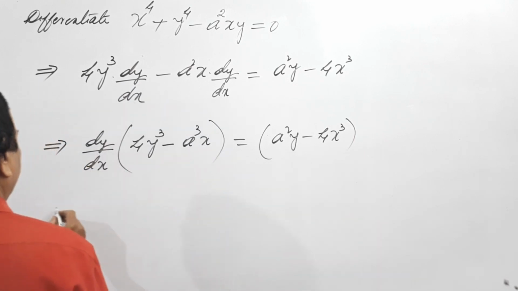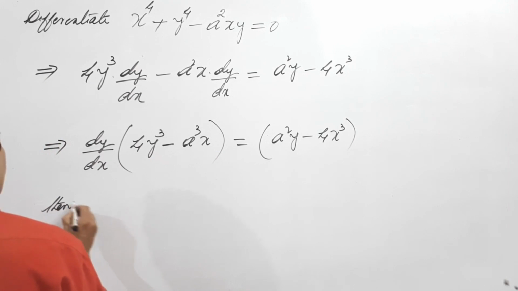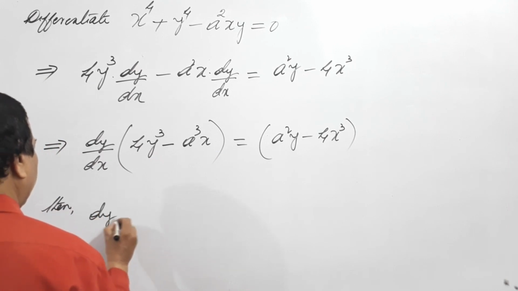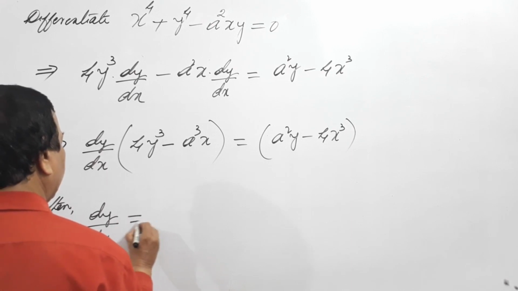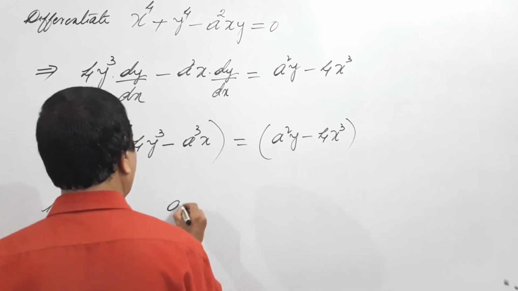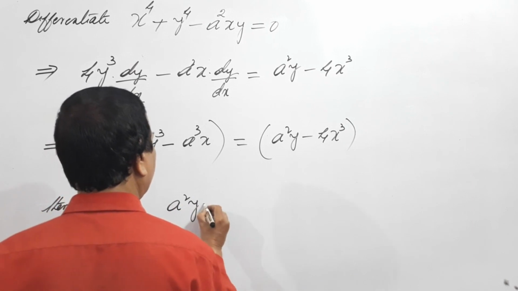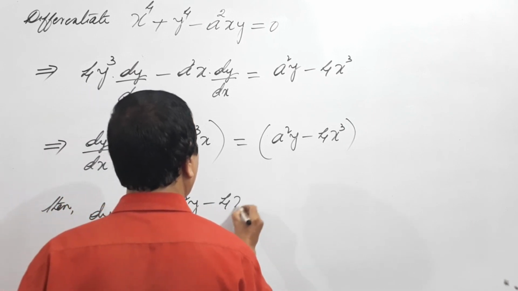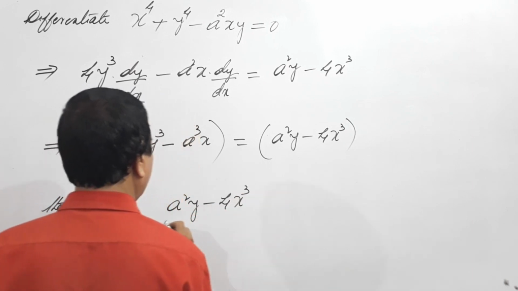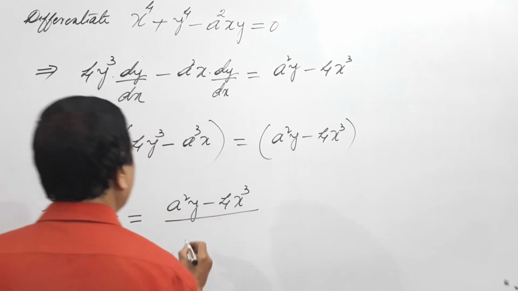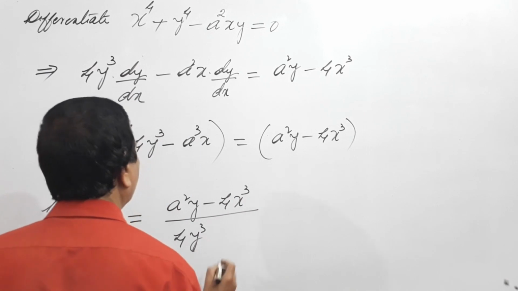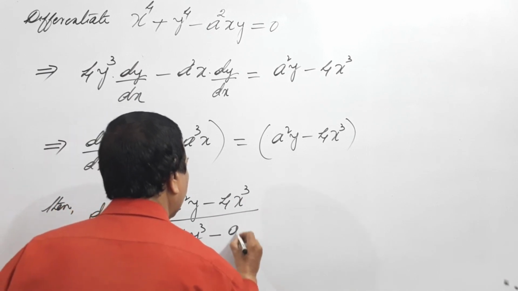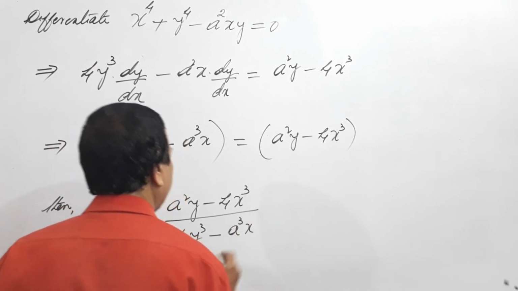So I want dy by dx, then dy by dx equals a square y minus 4x cube divided by 4y cube minus x.